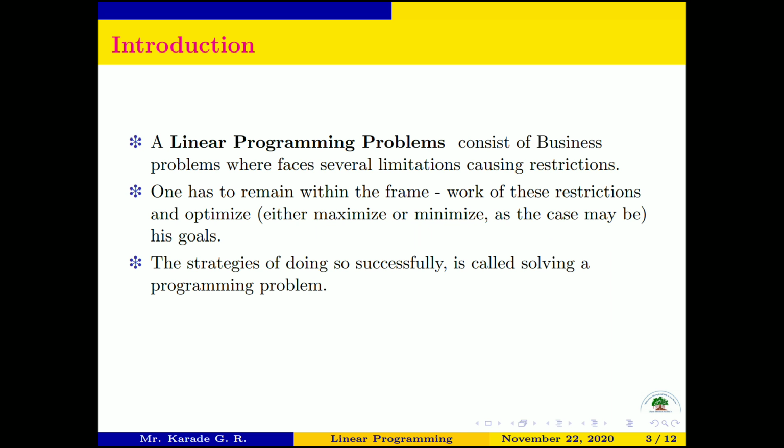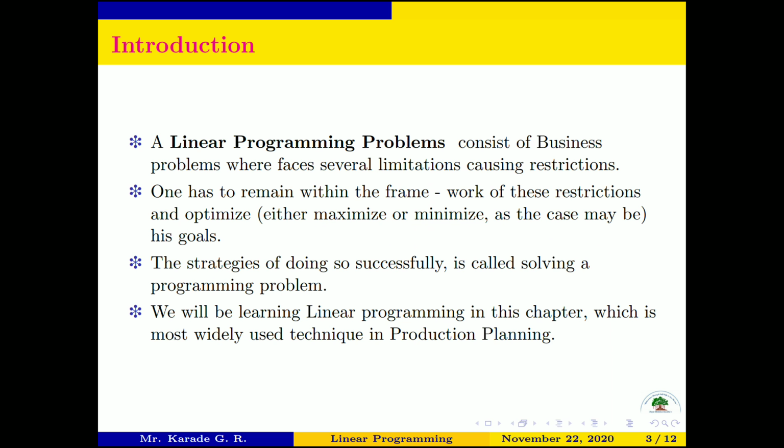The strategy of doing so successfully is called solving a programming problem. We will be learning linear programming in this chapter, which is the most widely used technique in production planning.